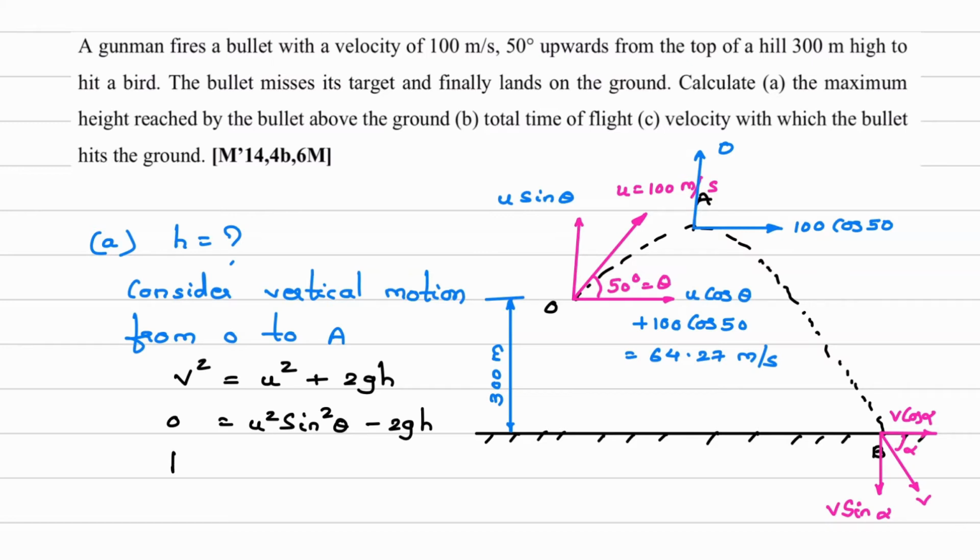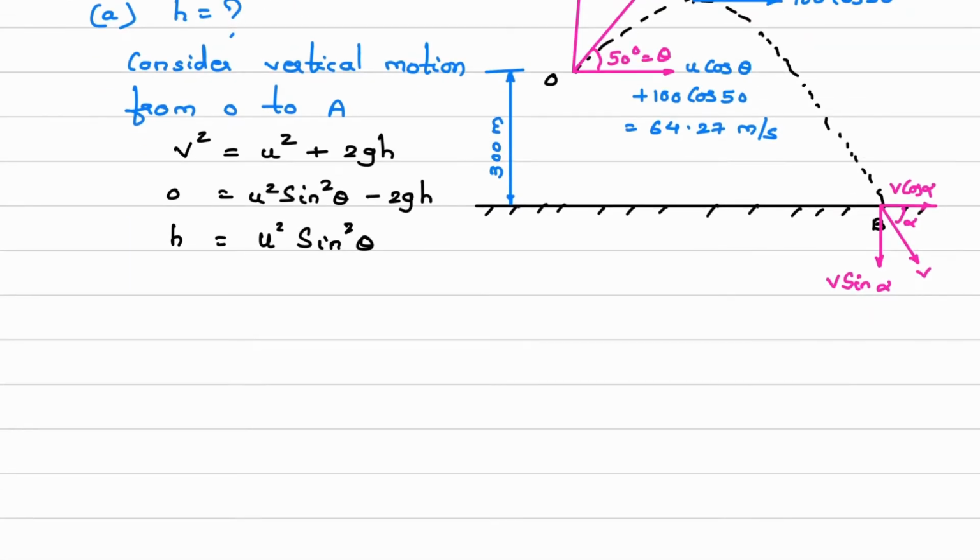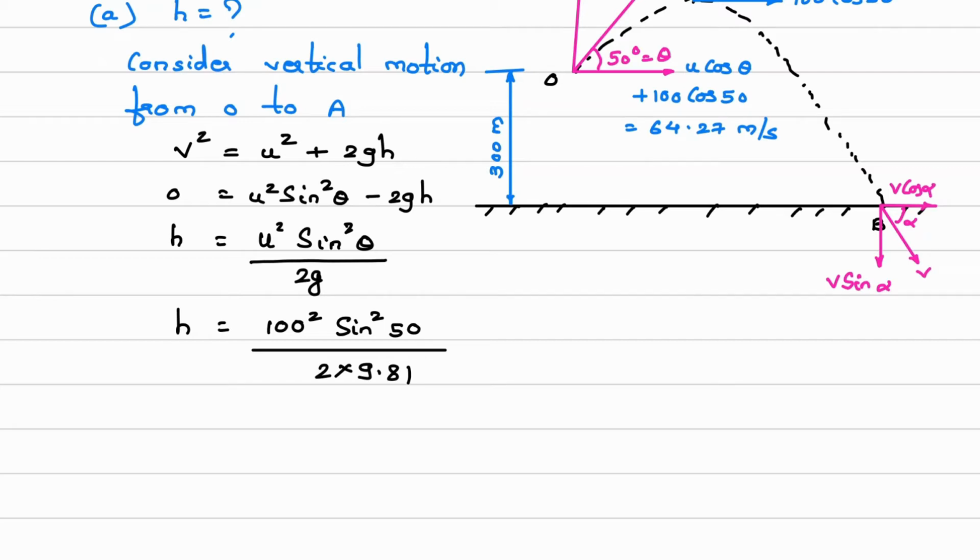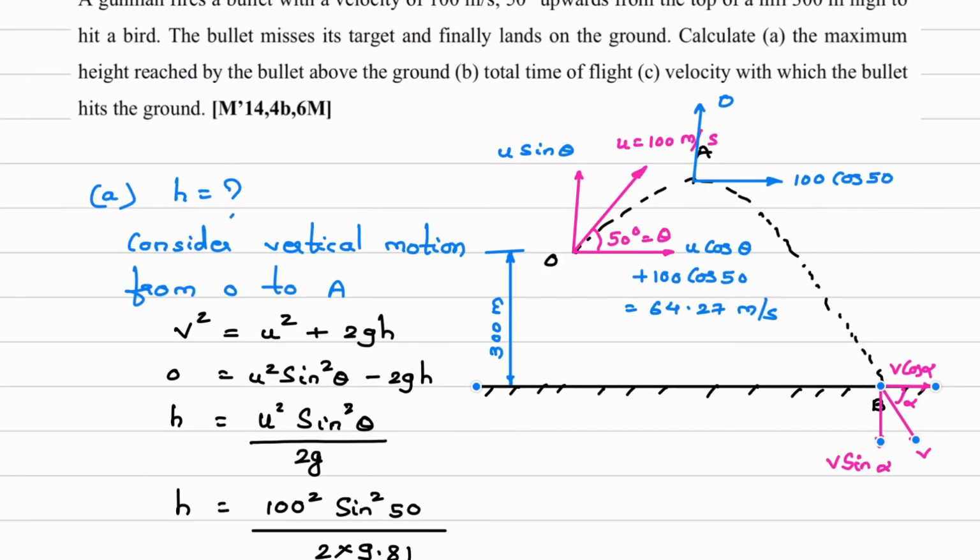So from here we can calculate h, which is equal to u square sine square theta divided by 2g. Substituting the values, h is equal to 100 square sine square 50 divided by 2 into 9.81.